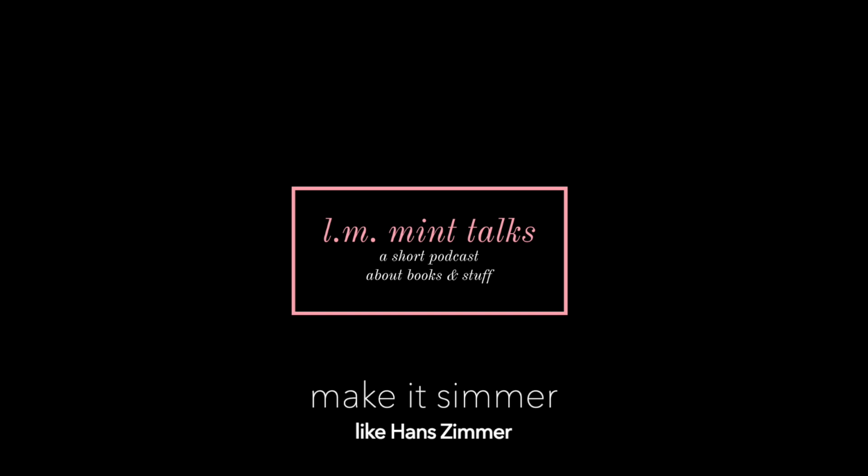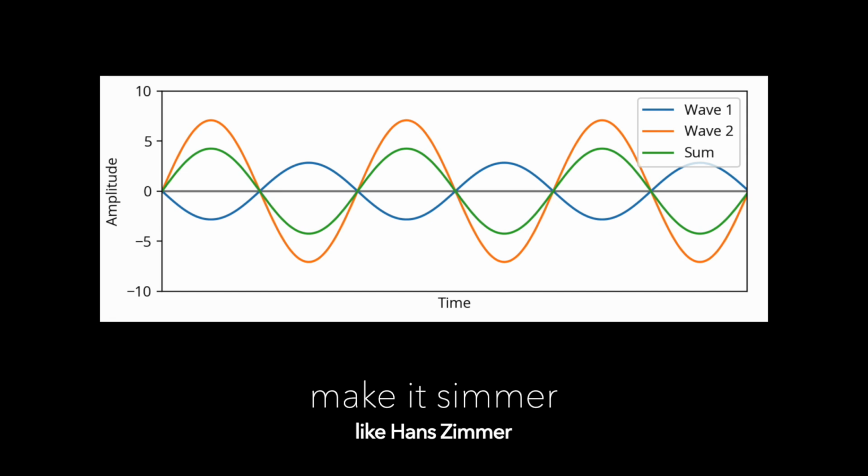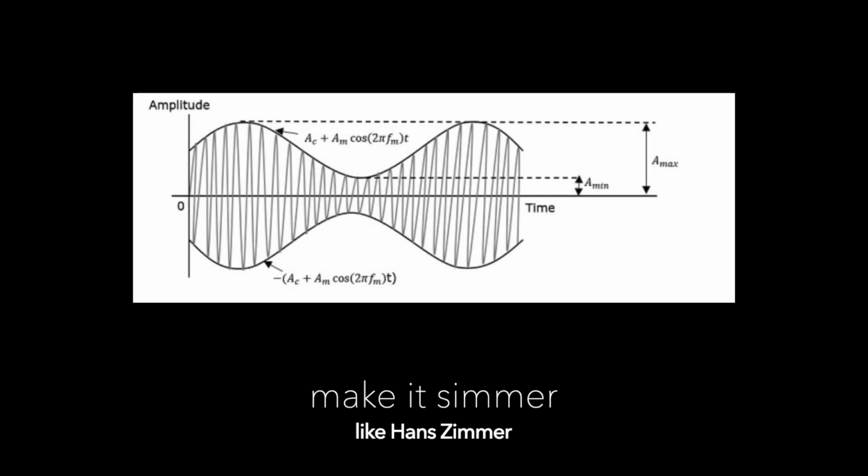How to create your own Shepard tone like Zimmer. 1. Stack octave-spaced sine waves, at least 3, preferably more. 2. Apply a Gaussian amplitude envelope to each, so they fade in at the low end and fade out at the high end. 3.